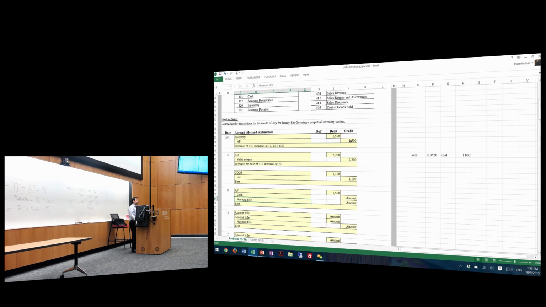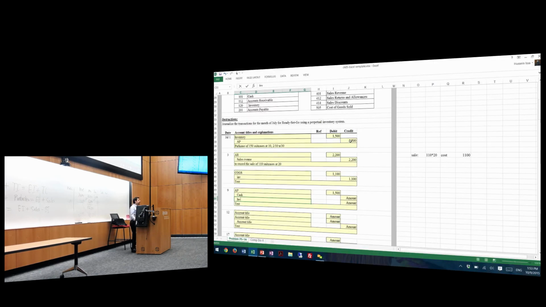And here, what account do we use for the discount? Inventory. And why is that? Remember, it's not purchase discount. It's inventory. Because what's happening is that you're decreasing the cost of your inventory.